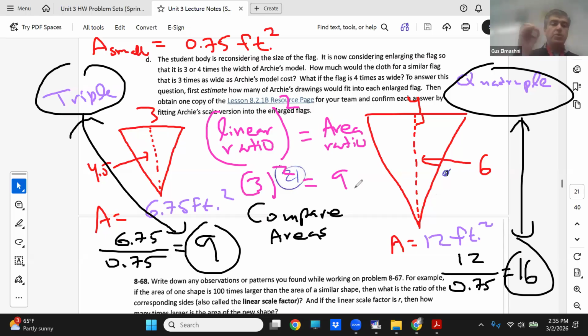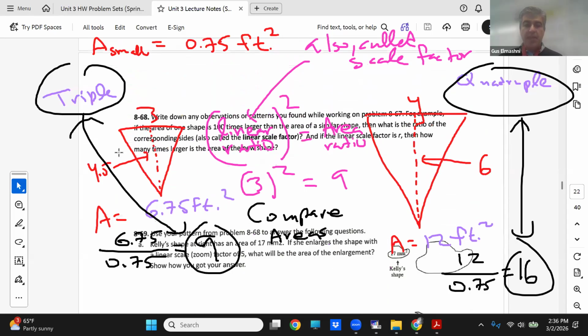So if it was 0.75 originally, the area becomes 9 times that. That's why for doubling, it was 4 times. That's a ratio we're going to be working with often: the linear ratio squared will equal the area ratio, which we sometimes call a scale factor, because you're scaling it up by 2 times, 3 times, 4 times.